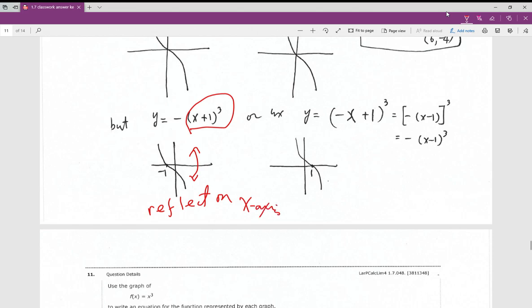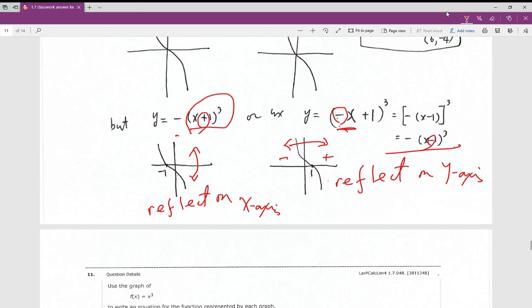But when you have only the x value negative, you have positive and negative reflect, so reflect on the y-axis. So you want to pay attention again. And if you try to pull out the negative sign outside, you may see they are different. Minus, plus. See? So they are different graphs, obviously.